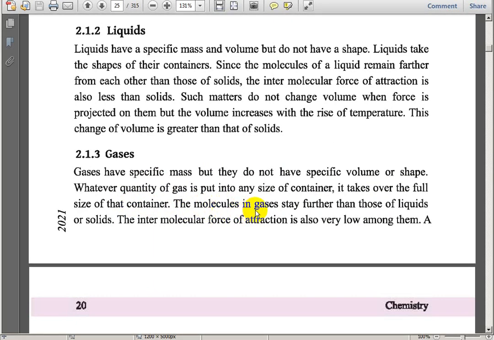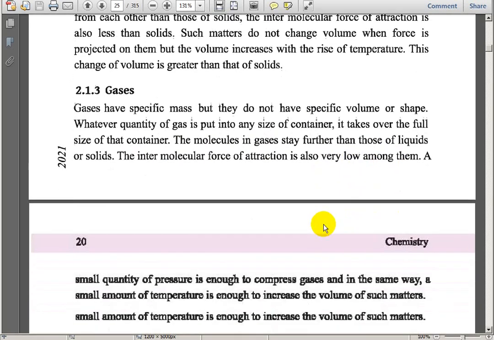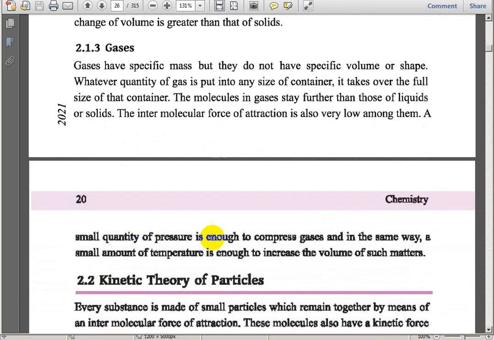The molecules in gases are farther apart than those of liquids and solids. The intermolecular forces of attraction are also very low among them. A small quantity of pressure is enough to compress gases, and in the same way a small amount of temperature is enough to increase the volume of such matter.